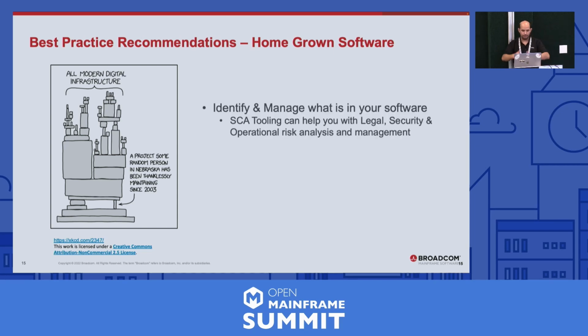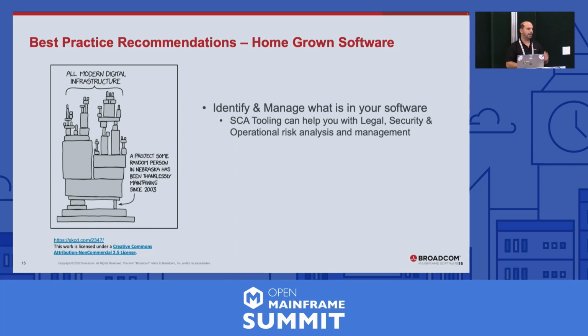So what's the number one thing you could do? Identify and manage what's in your software. There are tools out there you can use, open source, commercial. They're called software composition analysis tools. They can help you find out what is in your software, right? They can scan your binaries, they can scan your source code, they can scan your repositories and give you an inventory, right?